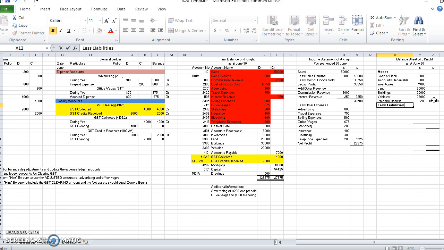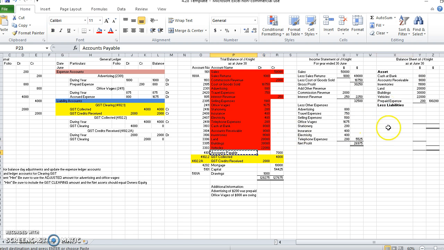The next step will be to minus our liabilities off. We can cross off these assets. Minus our liabilities off. So we've got accounts payable and mortgage. We've also got another balance day adjustment that was a liability account.